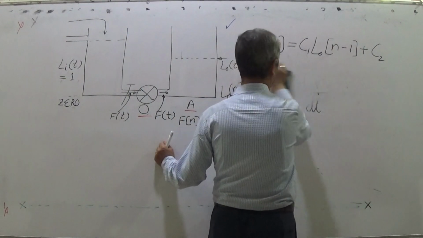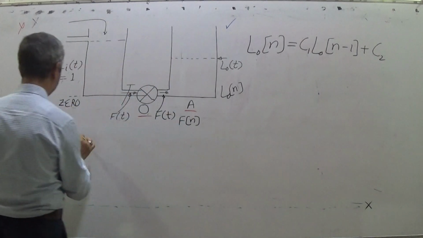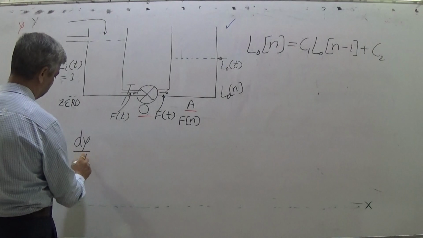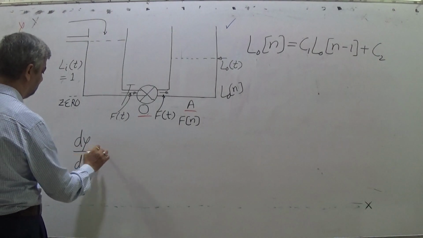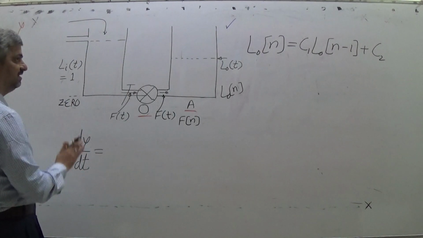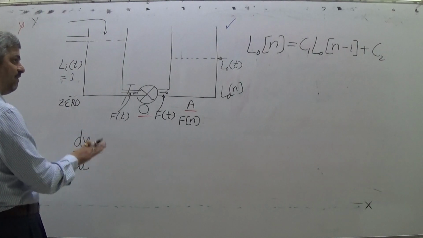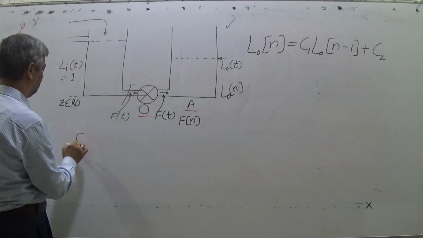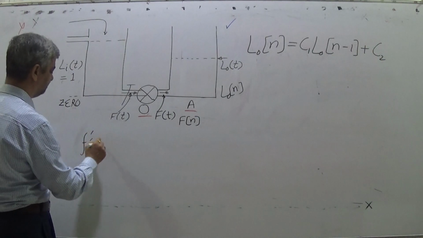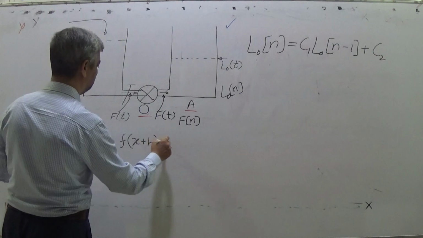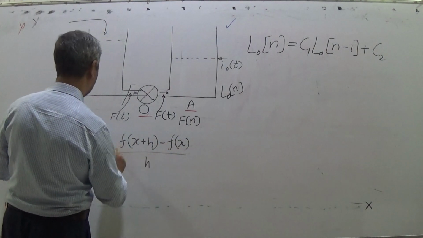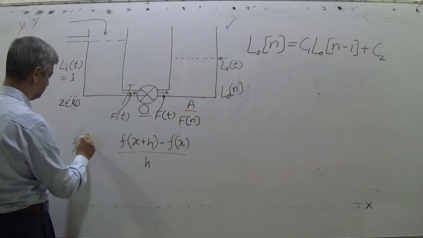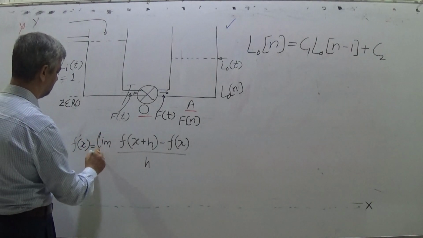What is first principle of derivative? dy by dt is equal to f dash x is equal to f of x plus h minus f of x upon h as h tends to 0.